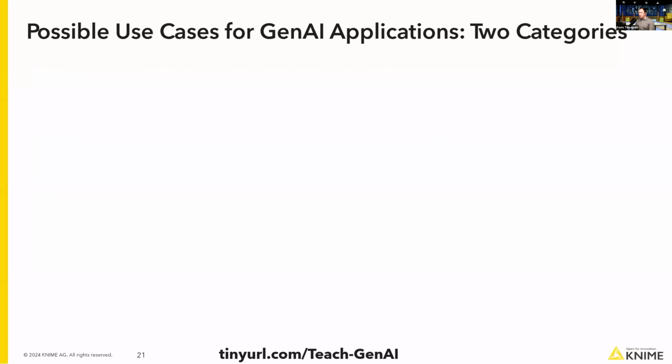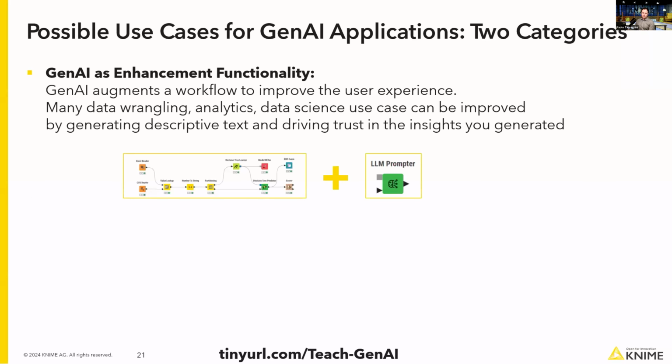All right, so let's see now a bit more general, possible use cases for these GenAI applications. I see here 2 categories. And I would say that there are lots of opportunities to add GenAI to your current workflows. Data science workflows, data wrangling, analytics workflows, those workflows can be enhanced with GenAI.